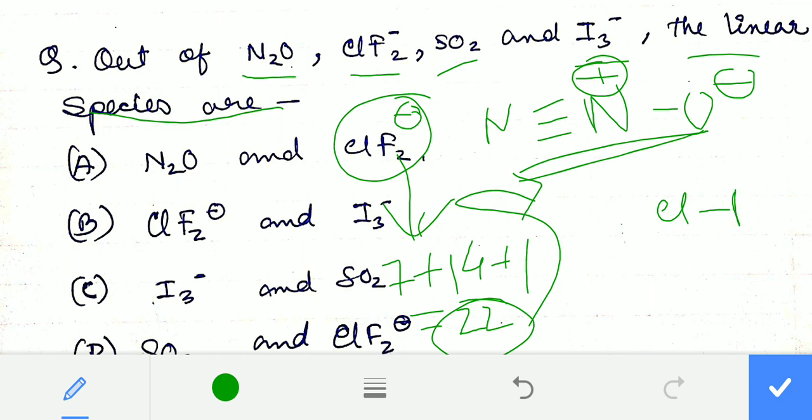So it is a fluorine and fluorine. Now first fill up the octet around a fluorine atom. So there will be 3 lone pair on each fluorine atom.